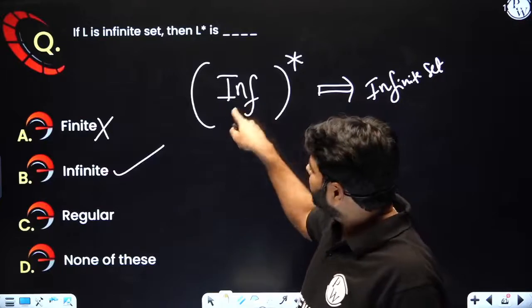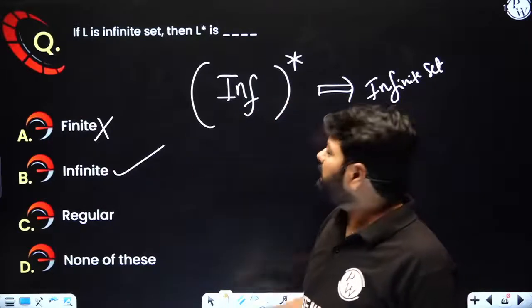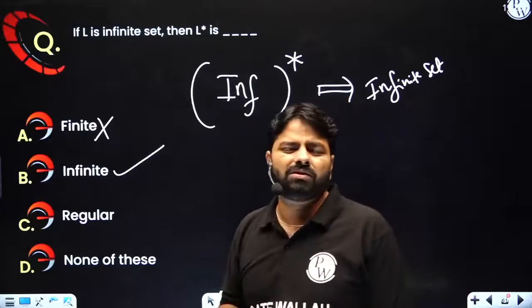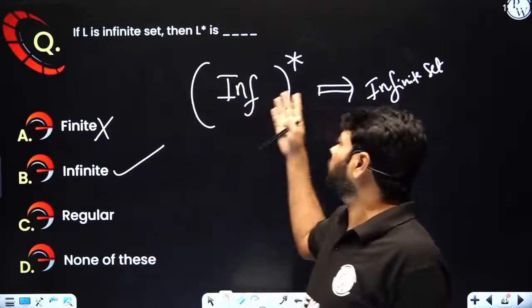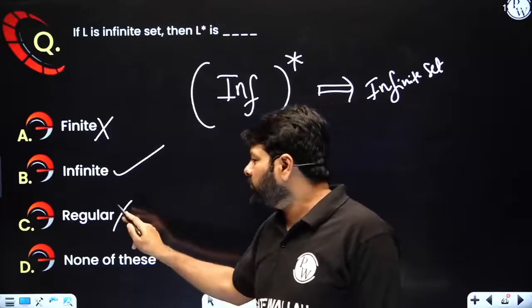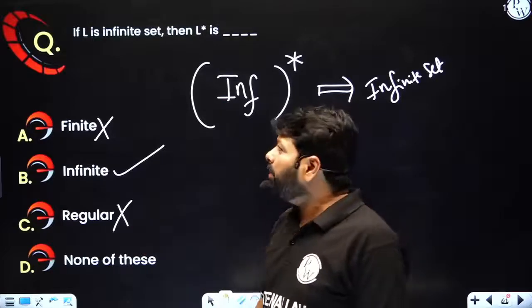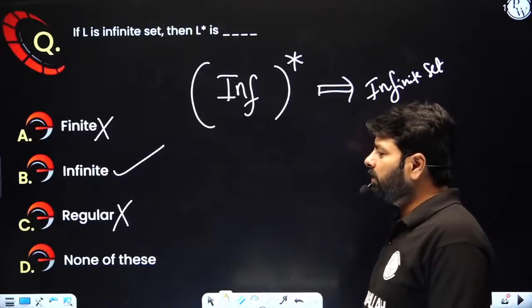If the infinite language is regular, then Kleene closure of regular gives you regular. In case the infinite language is non-regular, then we should be careful. For a non-regular language's Kleene closure, anything could be possible. We can't guarantee regular. I'm going to give some examples for you to do as homework.